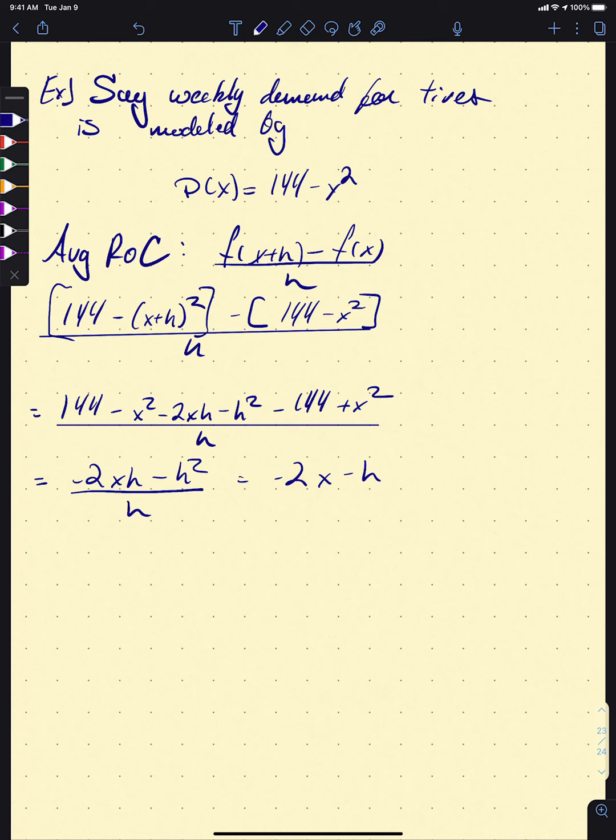So if you were looking for specifics, if you were looking for the average rate of change of our price between 5,000 tires and 6,000 tires, you could take x to be 5 and h to be 1, and our average rate of change is going to spit out negative 11, which means when you increase by 1,000 more tires in the demand, the price is going to drop $11 a tire, okay?